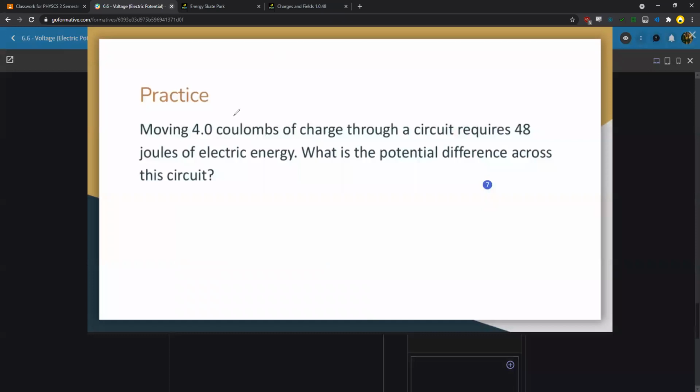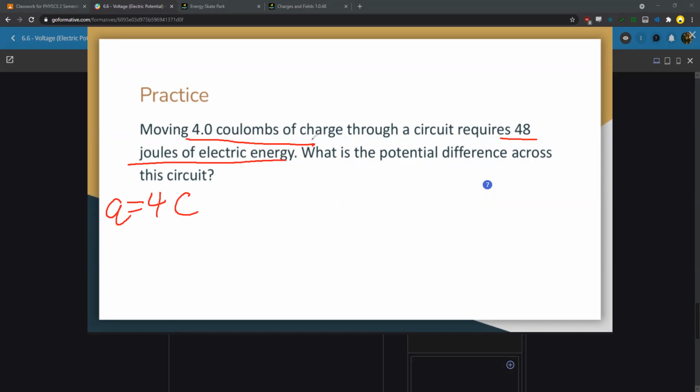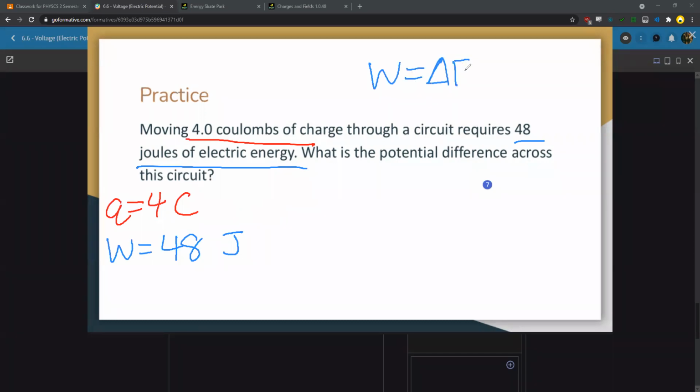Guys, do number 7 for me. We're only going to do number 7. We're not going to do number 8. I think it's fine. So you have 4 coulombs of charge. You have 48 joules of electric energy, right? Because energy is work. Work is energy, right? Work is equal to change in total energy.